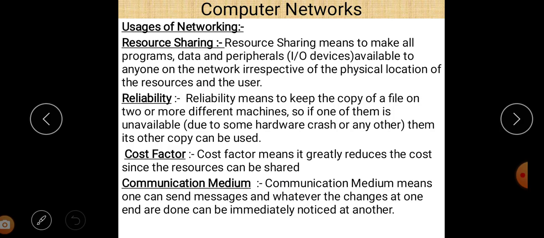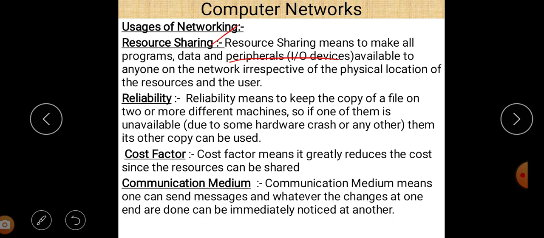Now, uses of networking. Here are some uses of networking. First of all, resource sharing. Resource sharing means to make all programs, data and peripherals, meaning input output devices or secondary storage devices, available. All input devices, all output devices and all secondary storage devices such as CD, DVD and pen drive are commonly called peripheral devices, so this is a very important term.